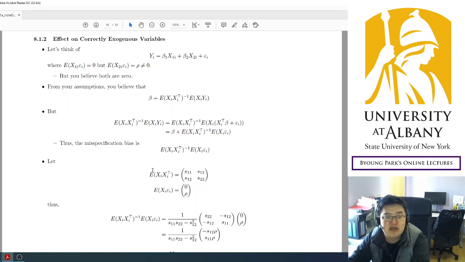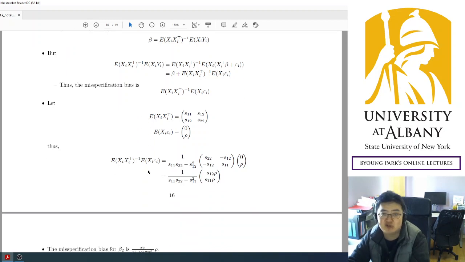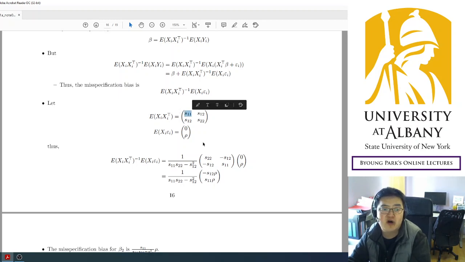So now let's do the algebra. Expectation of x prime x, I will denote the matrix in this way. So S11 can be understood as the variance of x1, or expectation of x1 squared, and S22 is the variance of x2, expectation of x2 squared.